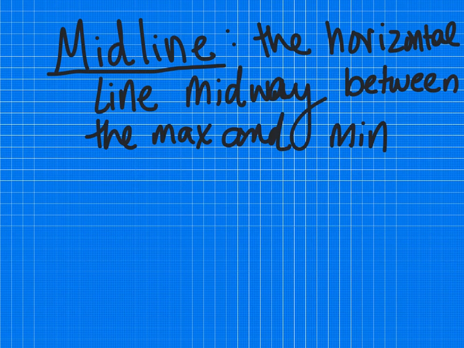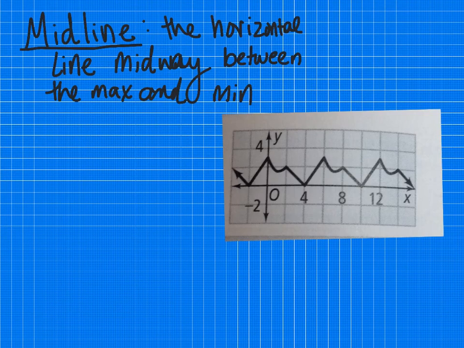Midline is the horizontal line midway between the max and the min. So it's basically the average of the max and the min. So if we look at this function, it has a maximum value at these points right here, which, given that this is 4, this should be 2, which makes this value 3.